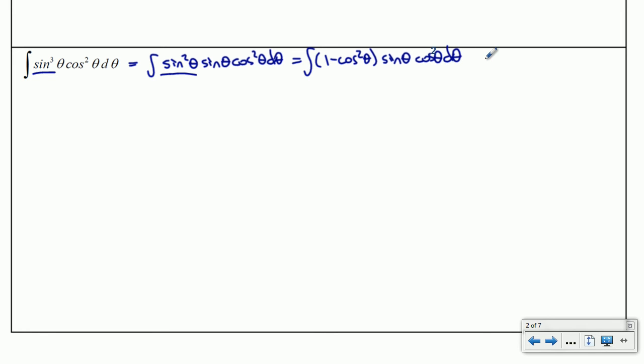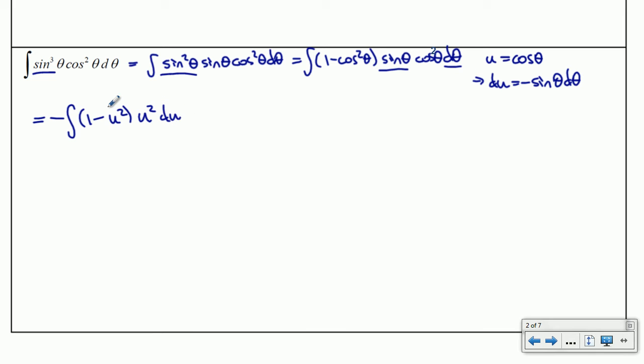And if we let u be cos theta, then du is equal to negative sine theta d theta, which looks promising because I have a sine theta d theta here. So sine theta d theta will be negative du, and our integral will become negative (1 minus u squared) u squared du.